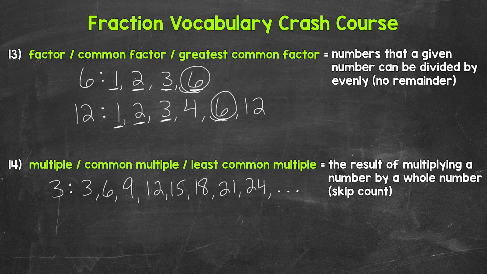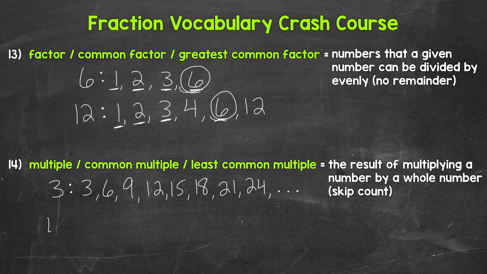And we can just skip count here by 3's to get our multiples of 3. Now technically, we can multiply by any integer, which means we could include negative multiples, so -3, -6, -9, and so on. But when we list multiples, we usually just want the positive ones, so something to keep in mind.